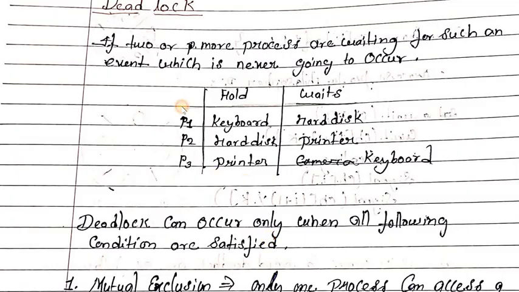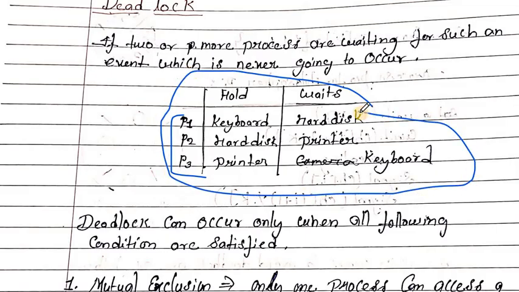That's why no process's condition is fulfilled, and this is called the condition of deadlock. It is the condition where a process's condition will not be fulfilled even after an infinite time of waiting.